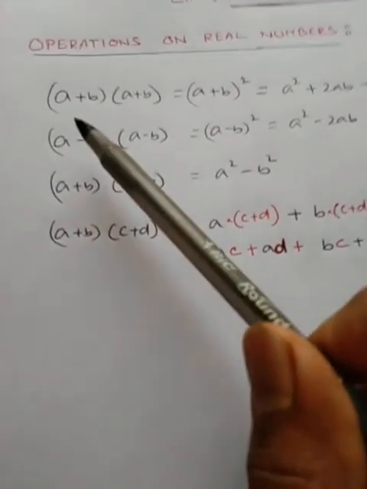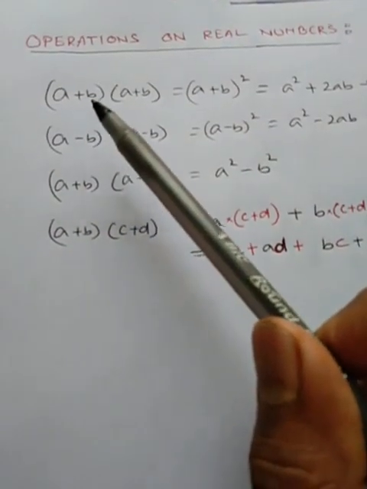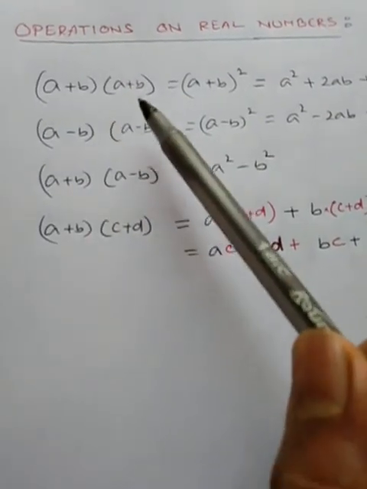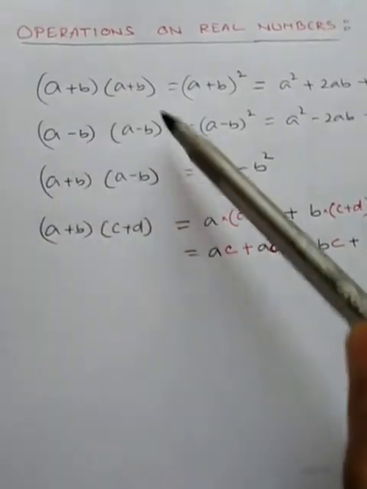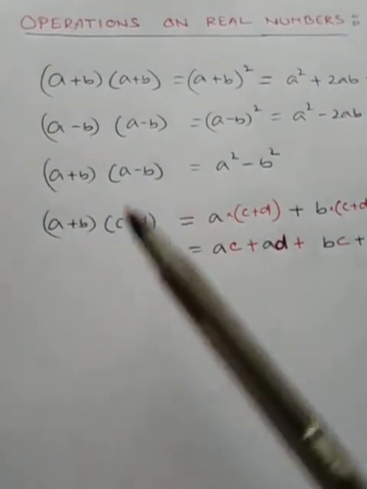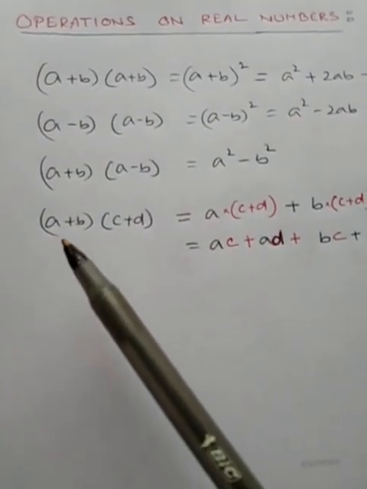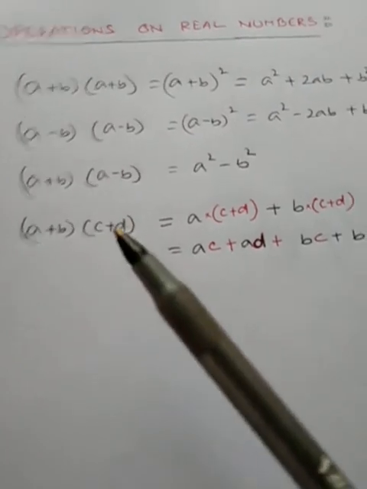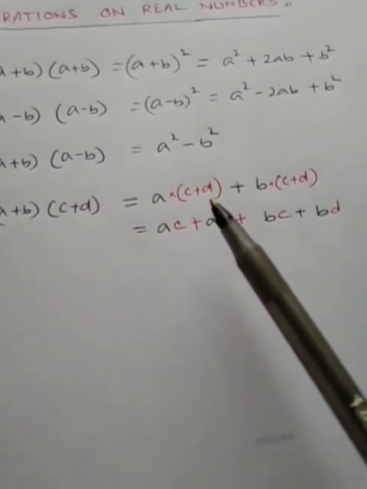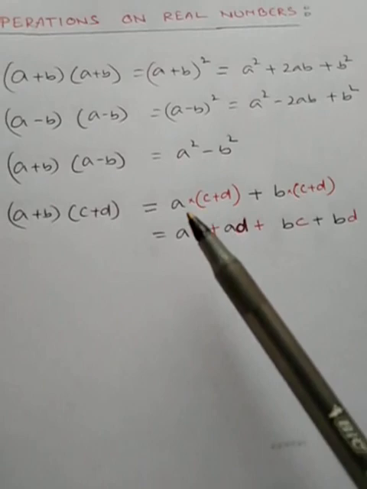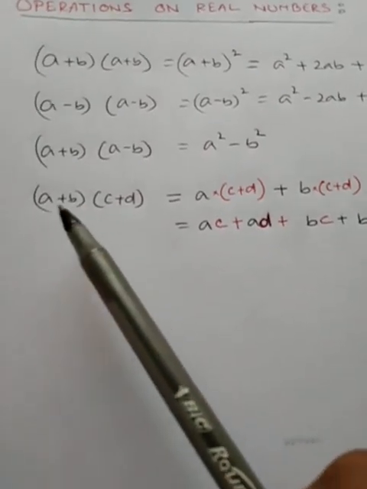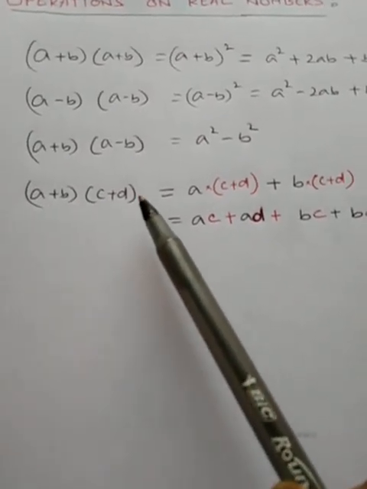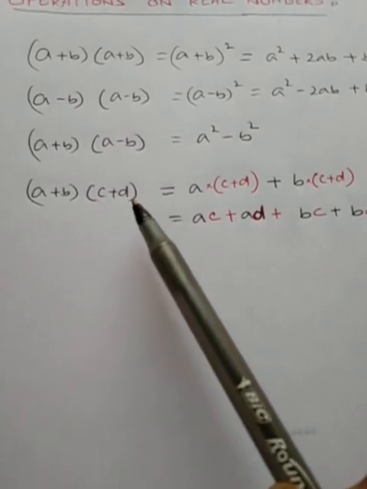Now, if a and b are the same in both factors, then we can use any one of these identities. But if they are not the same, say first is a, second is b, third is c, and fourth is d, then we have to use distribution of a and b over the second part.